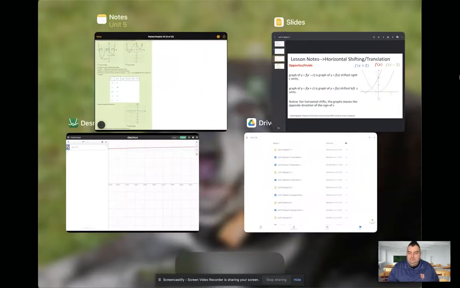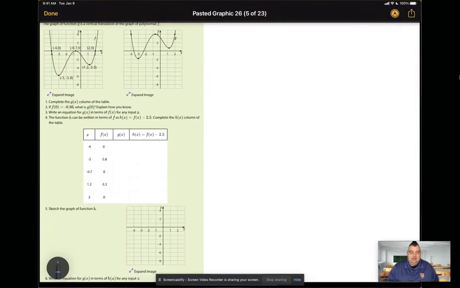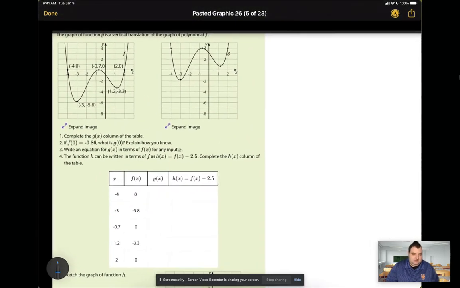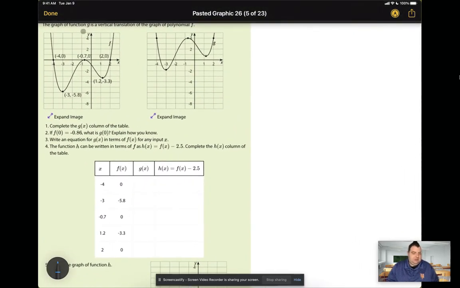So with that in mind, let's go ahead and look at the examples here. The graph of function g is a vertical translation of the graph of function f. So this is g and this is f. What kind of translation is it? It's a vertical translation, as it says.